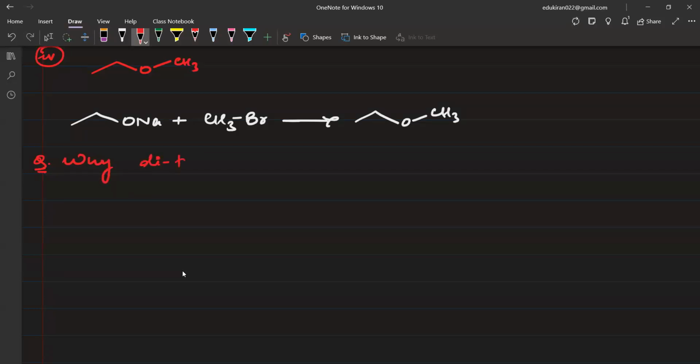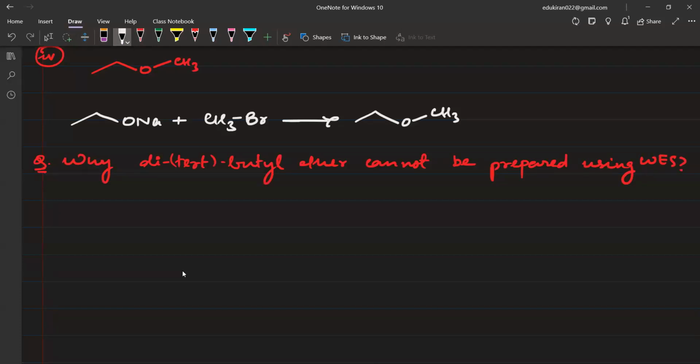Why di-tertiary butyl ether cannot be prepared using Williamson ether synthesis? Now, to answer this, we should see the structure of di-tertiary butyl ether.